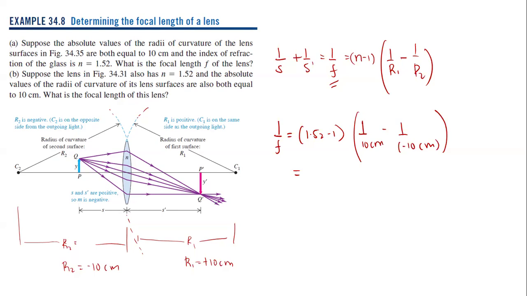So 1 over F is equal to 1.32. So F here is equal to 1.32 centimeter. I mean 1.32.